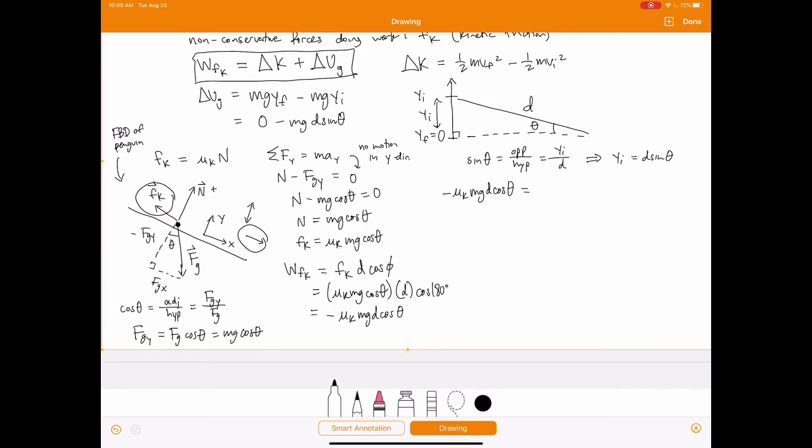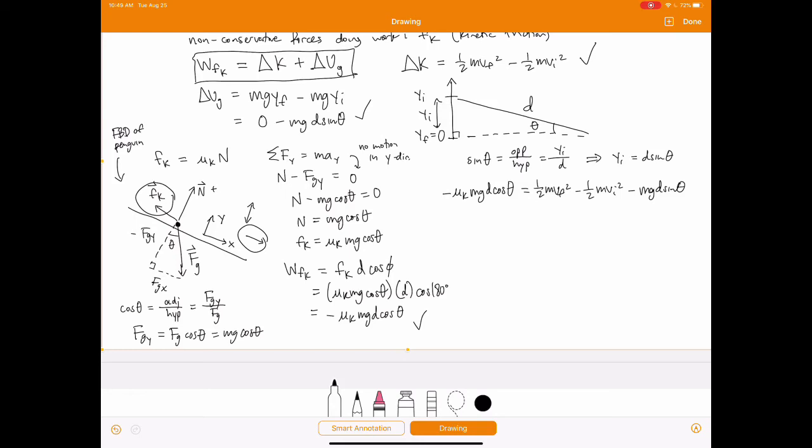Delta K is 1/2 mv final squared minus 1/2 mv initial squared. And then delta U is minus mgd sine theta. So here, let's put a little check mark by each one of those. There's delta K, plug that in here. There's delta U, and there's the work done by friction.